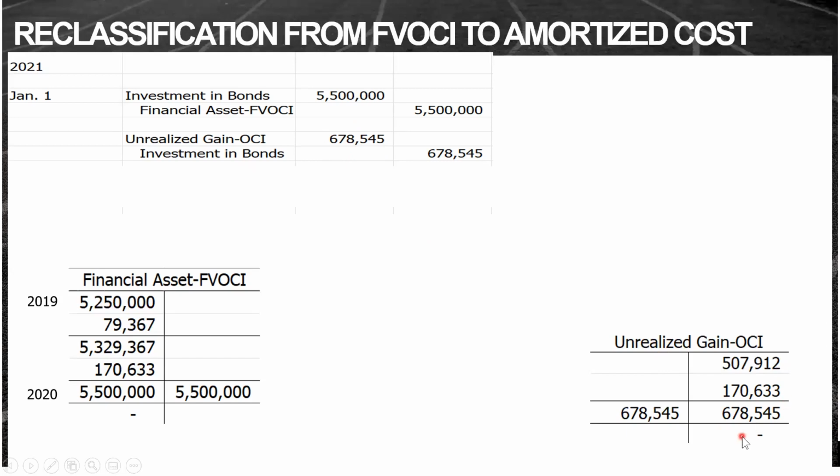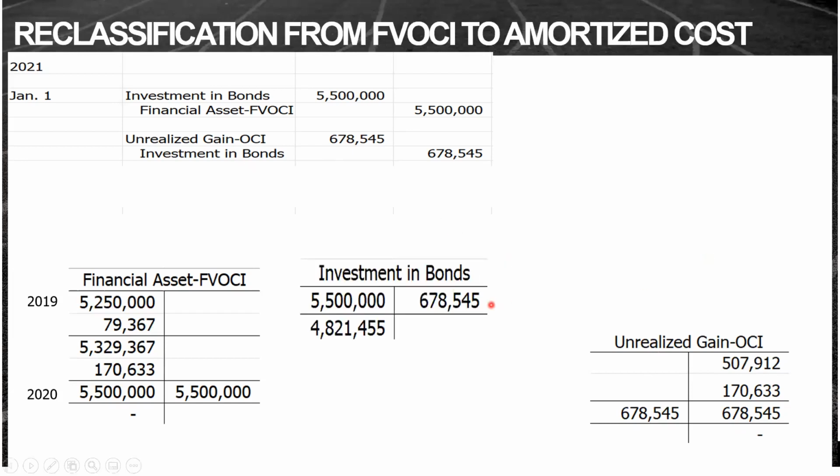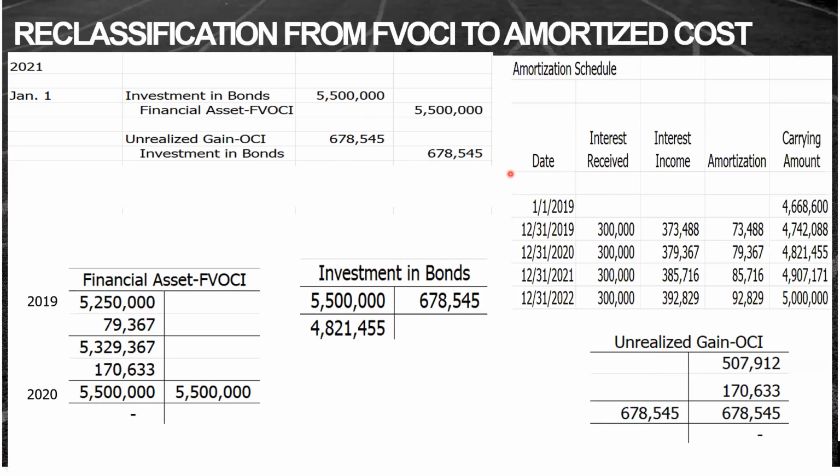So, tinanggal na natin from our records. For the meantime, yung ating investment in bonds naman, magiging ganito yung itsura. Una, meron tayong dinebit na 5.5 million. Tapos, because of the adjustment, meron na lang tayong 678,545 na credit.